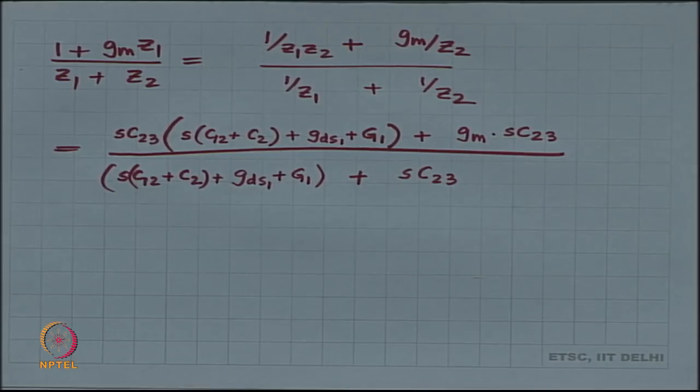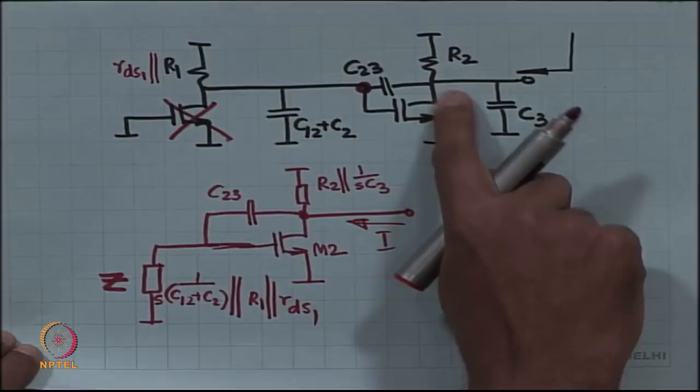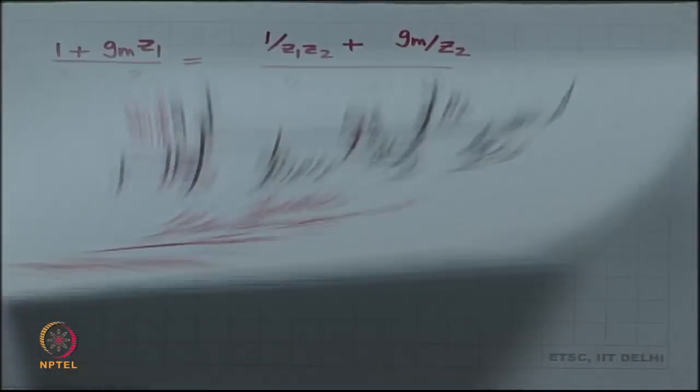Okay. So, this is my output conductance because of the MOSFET, and you have to add to this the other terms RDS1, R2 and C3.